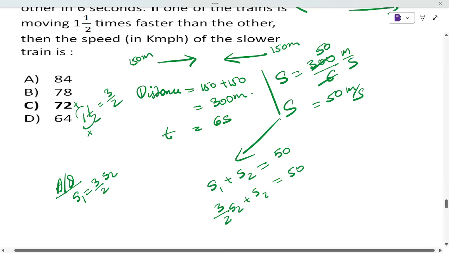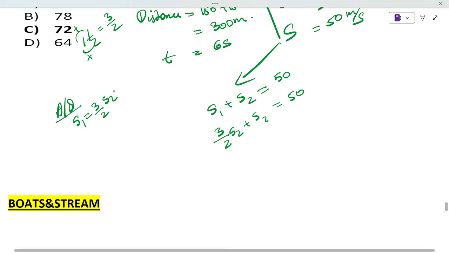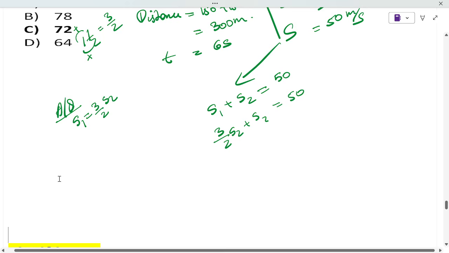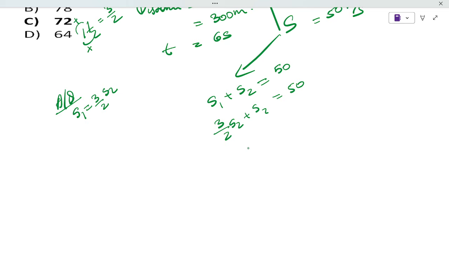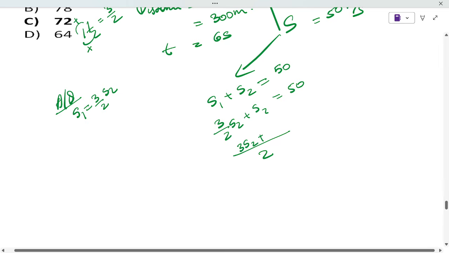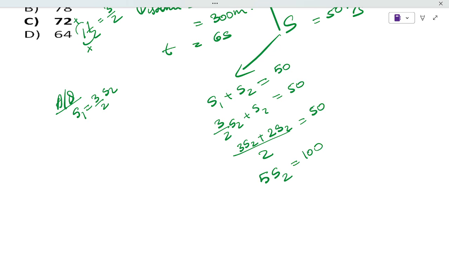Now the LCM will give us 2. Here 3S2 plus 2S2 will give us 100. 5S2 is 100, so S2 is 20. That means the second train's speed is 20 meters per second.